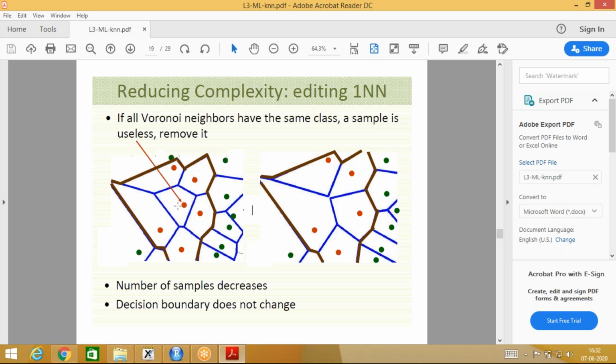You can see that all the nearest neighbors of this particular person are red. So if all the nearest neighbors of this person are red, there is no point in finding out the distance to these people, because this person will not contribute to anybody's classification or misclassification, as he is not near any green people.